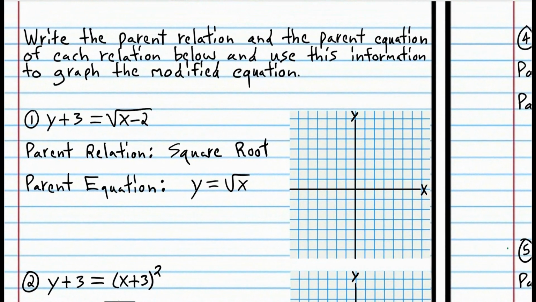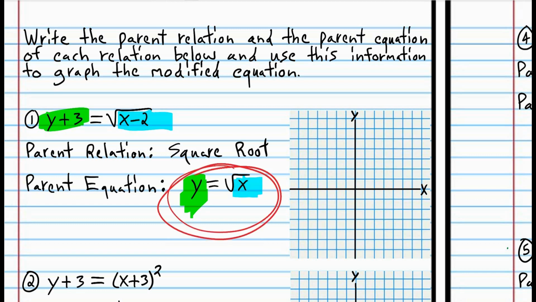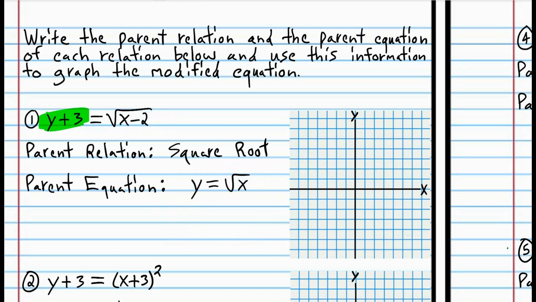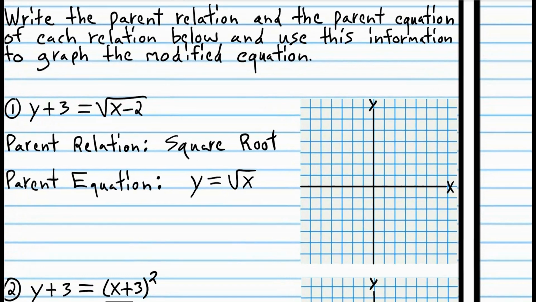Now, notice that we have x minus 2 instead of x, and we have y plus 3 instead of y. So this basic equation here has been modified, and we're going to use the parent equation circled in red to kind of help us understand what the graph is going to look like when we put it on this grid.